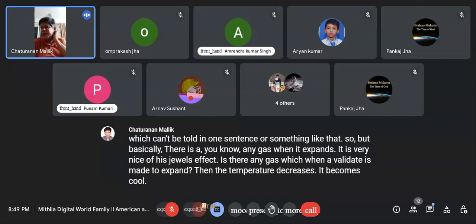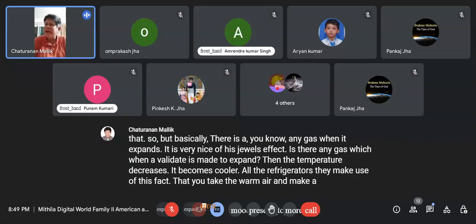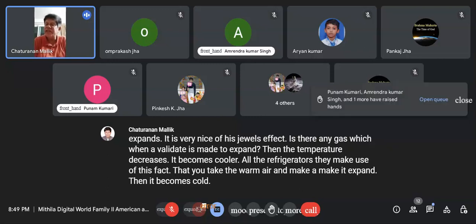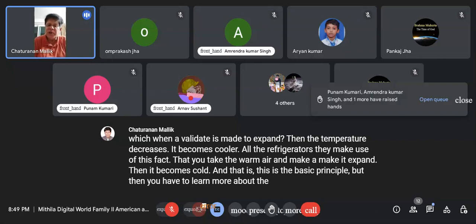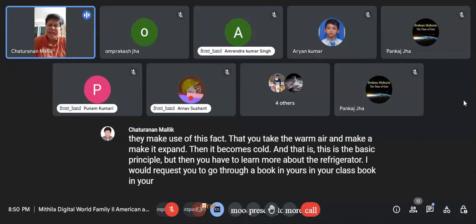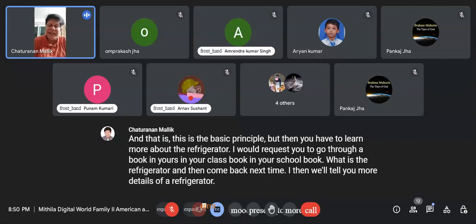All refrigerators make use of this fact: you take the warm air and make it expand, then it becomes cold. This is the basic principle. But then you have to learn more about the refrigerator. I would request you to go through your school book, see what a refrigerator is, and then come back next time and we'll tell you more details. But the basic principle is this: any gas when it expands cools.